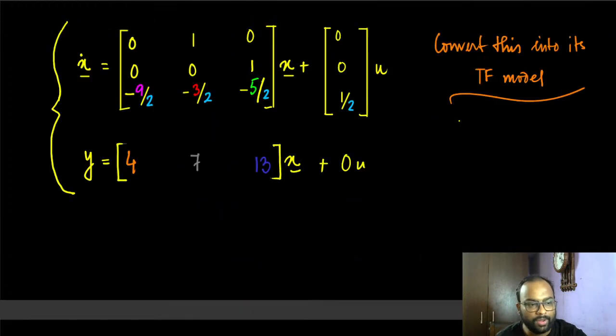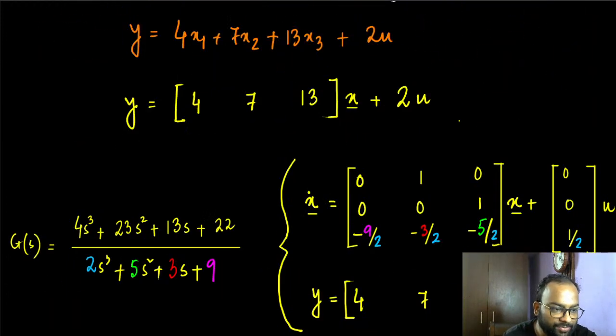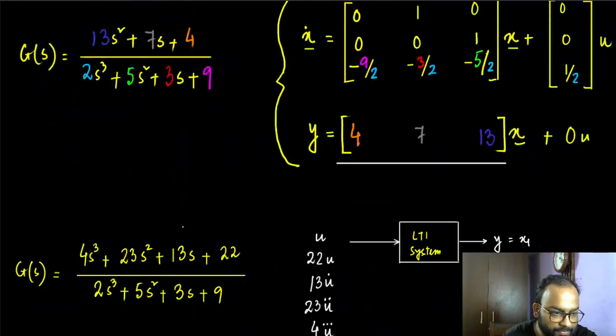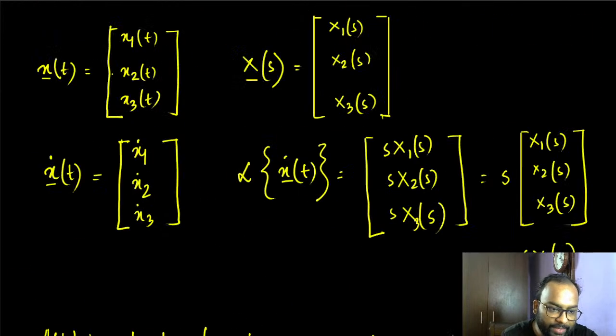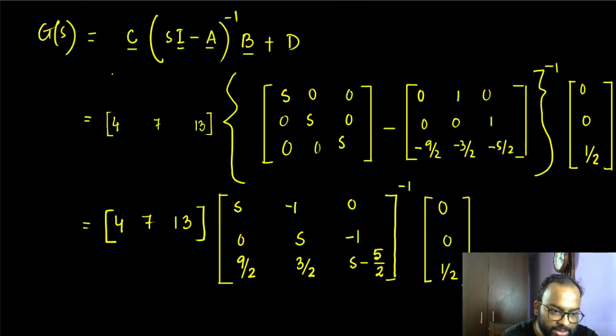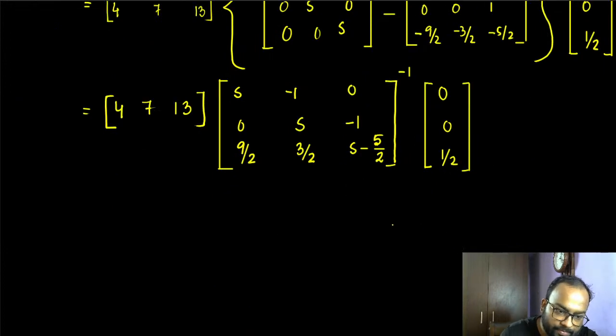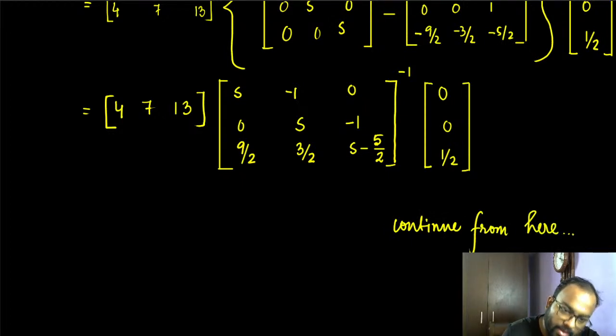You would end up with this transfer function. So that is the objective. Will you be able to do this by yourself? Will you be able to continue from here?